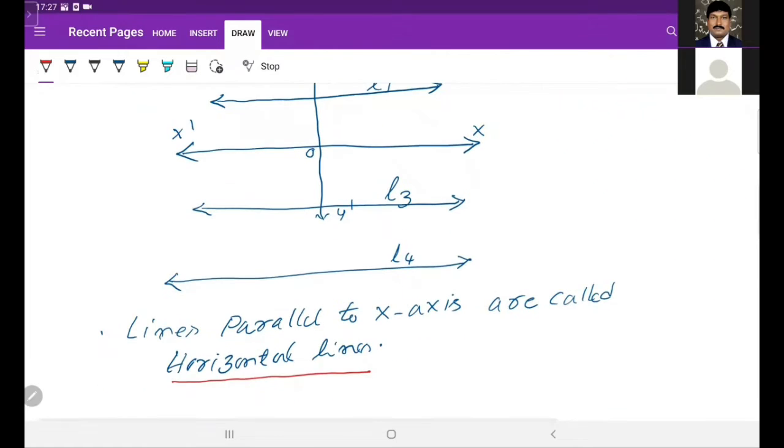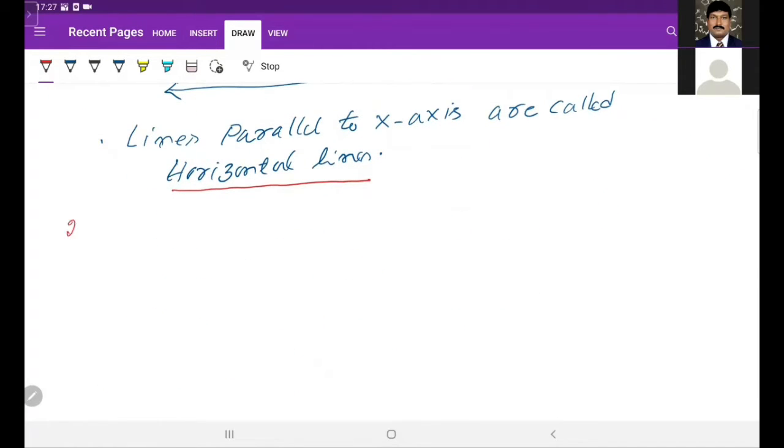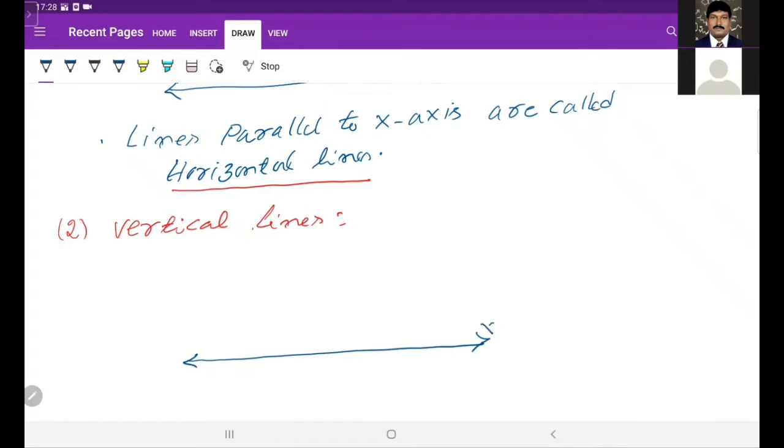Okay. Second type of lines now. Second type, vertical lines. Okay. What are the vertical lines? Indicate in the graph. X-axis, it is x. It is negative side of x.